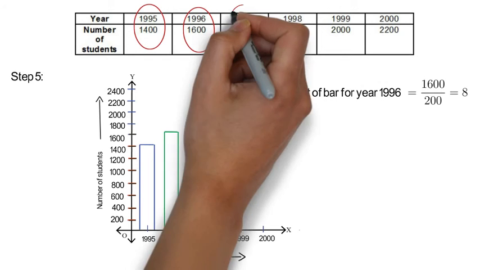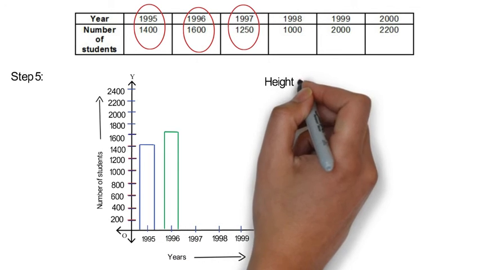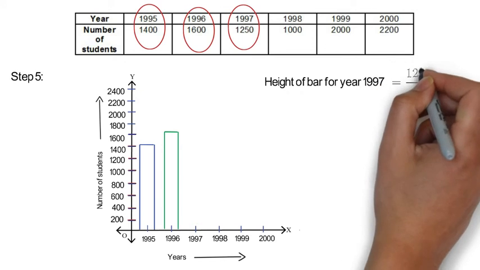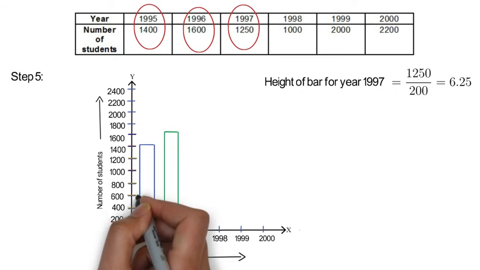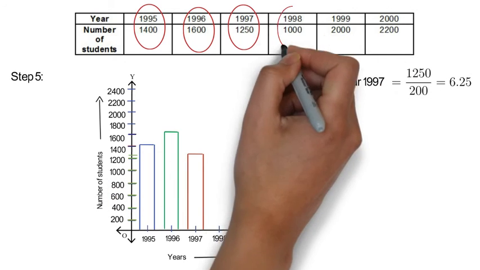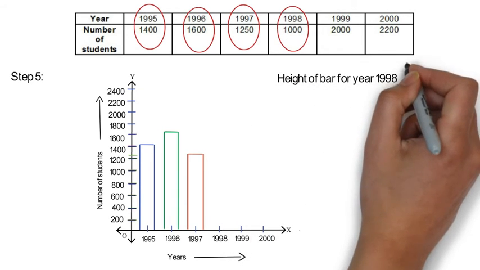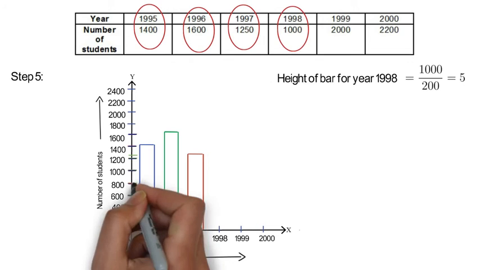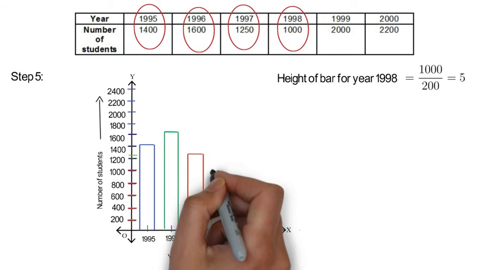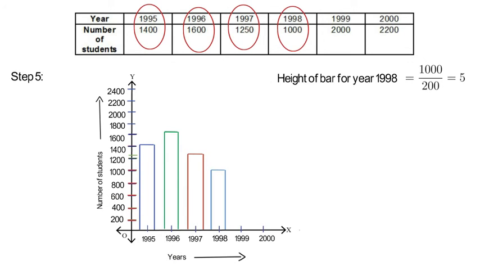In 1997, 1250 divided by 200 is equal to 6.25. That is this bar. In 1998, 1000 divided by 200 gives 5 big divisions. That means this bar.